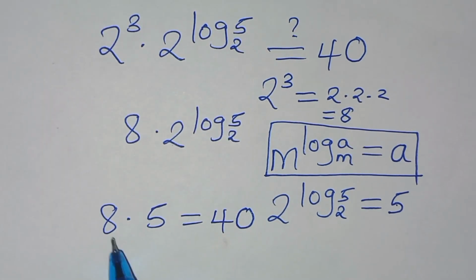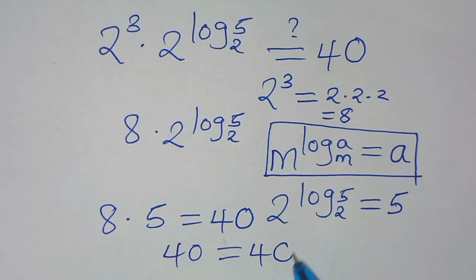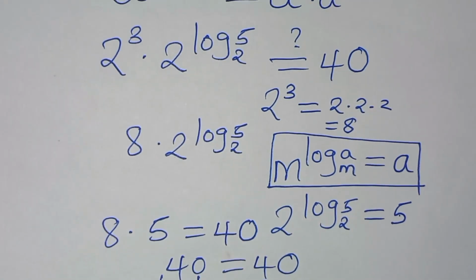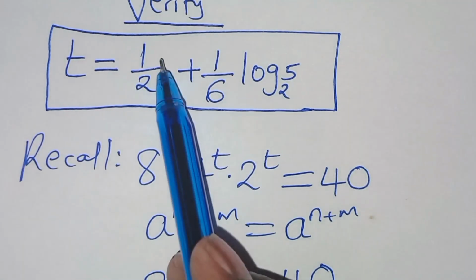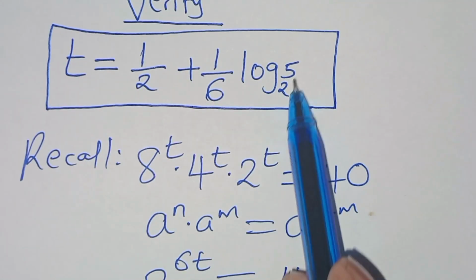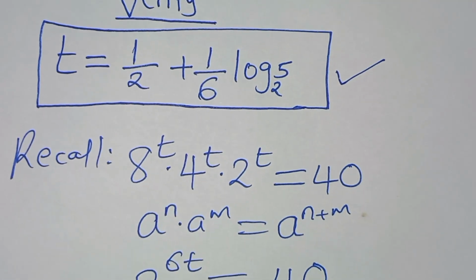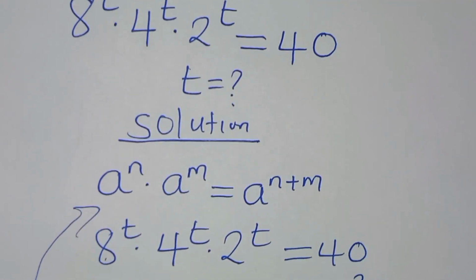And it's clear that 8 times 5 is 40, which is equal to 40. So that implies that the left hand side is equal to the right hand side. And therefore, the value of t, which essentially is half plus 1 over 6 log 5 to base 2, actually satisfies the equation.